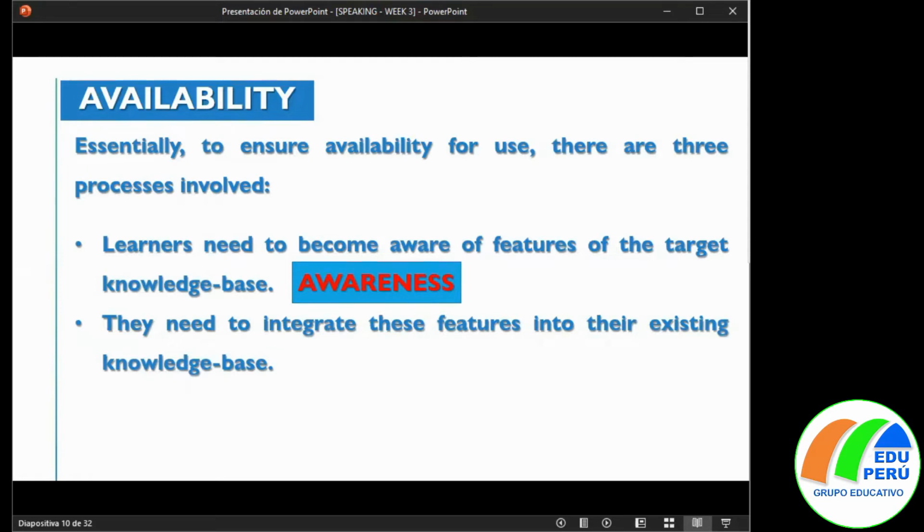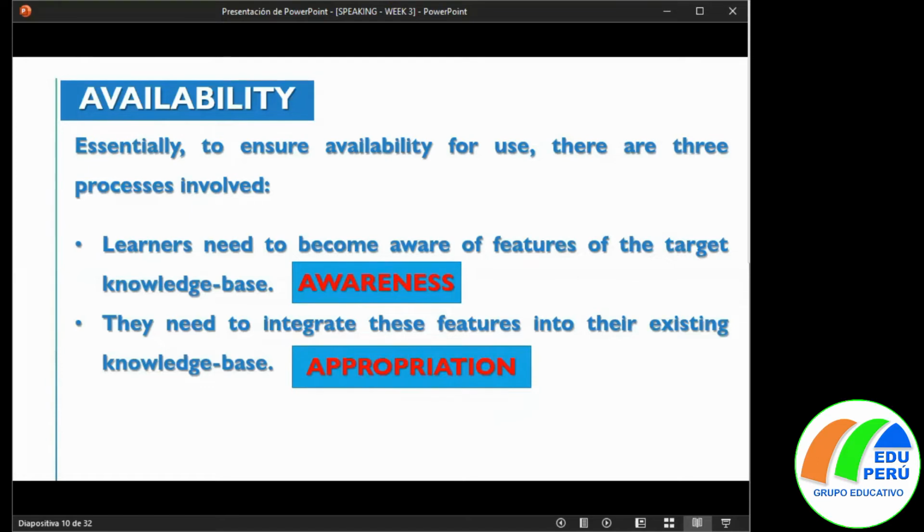So they need to integrate these characteristics, these features, into what they already know. And we call this appropriation. You're going to appropriate. All right? Appropriation.